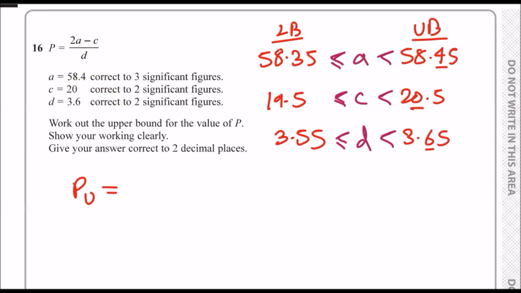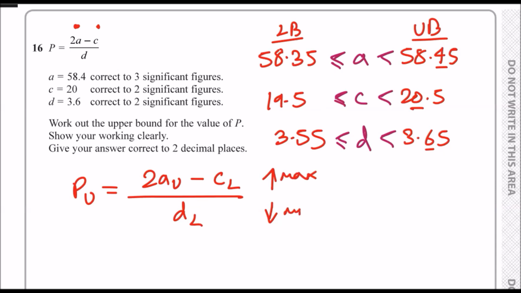To get the greatest difference, we need the biggest value for A and the smallest value for C. So it's going to be 2 times A, which is an upper bound, minus C, which is a lower bound, all over the smallest value of D, so you need the lower bound for D. You have to maximize the top and minimize the bottom, so that way you're going to have a really big number.